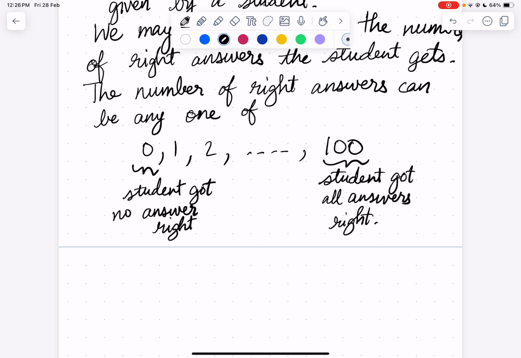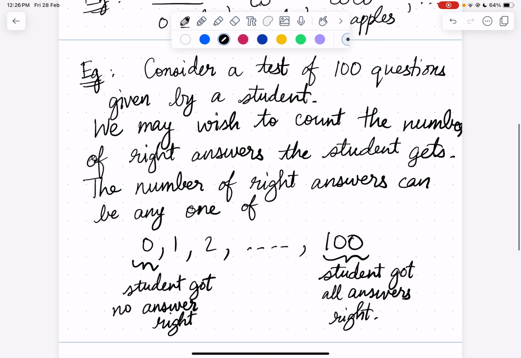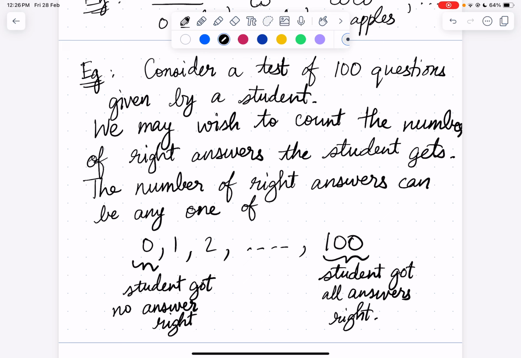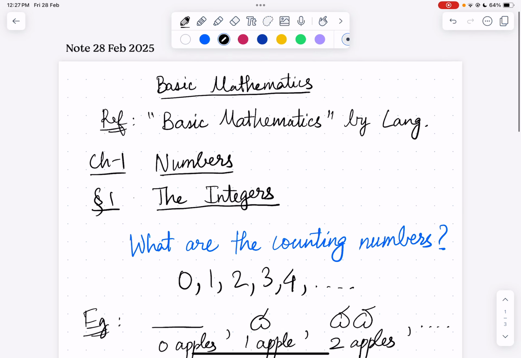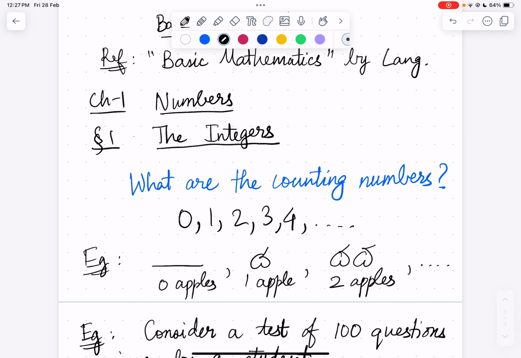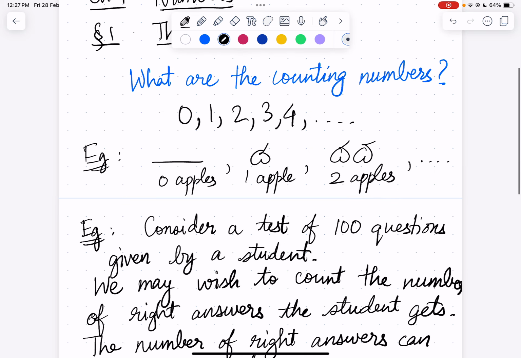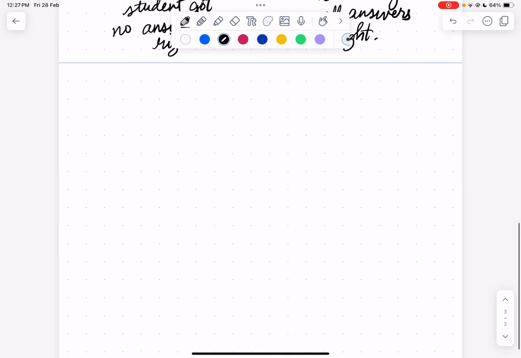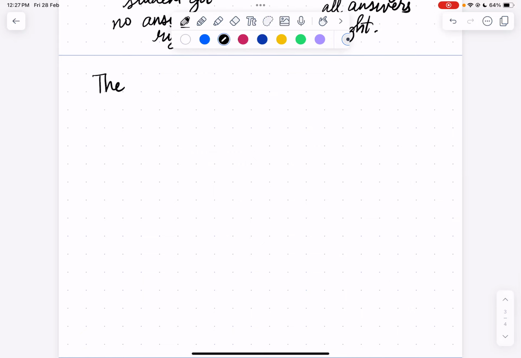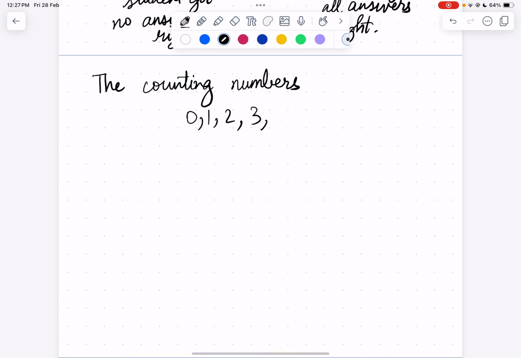So we have used the numbers from 0 to 100 to count the number of right answers the student can get. They can be any one of these. And we used 0, 1, 2, 3, 4, so on to count the number of apples. So naturally 0, 1, 2, 3, 4, they are the counting numbers. The counting numbers are called the natural numbers.